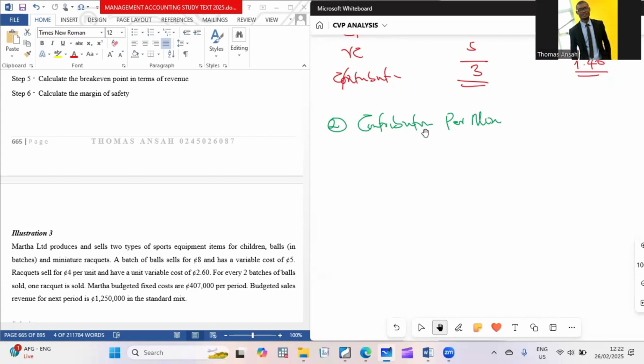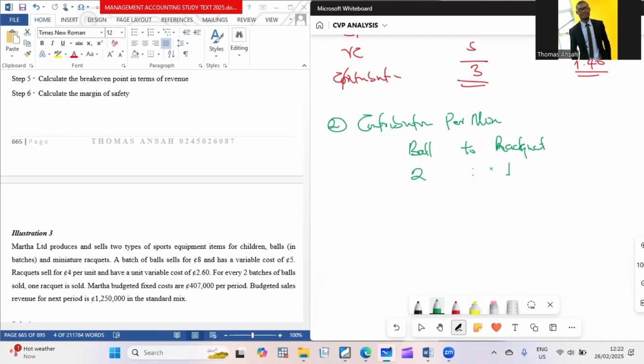So that tells you that the ratio of balls to the ratchet is such that for every 2 of balls sold, there will be 1 ratchet. So for every 2, there is 1 ratchet.